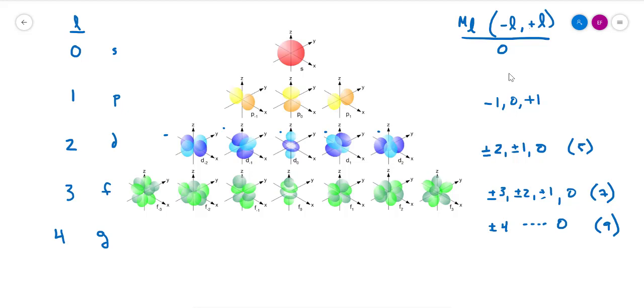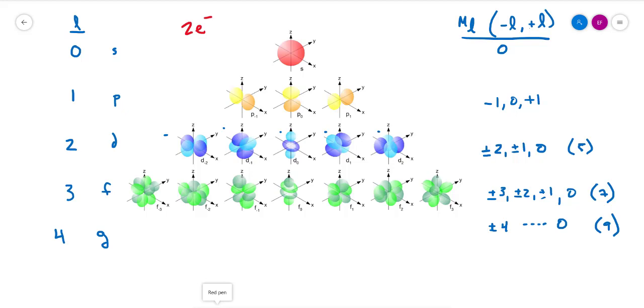And it's important to note now that each one of these distinct orbitals can house exactly 2 electrons. It can either hold 0, 1, or 2, but no more than 2 electrons. And so I told you before that no electron inside of an orbital can have the same set of quantum numbers.